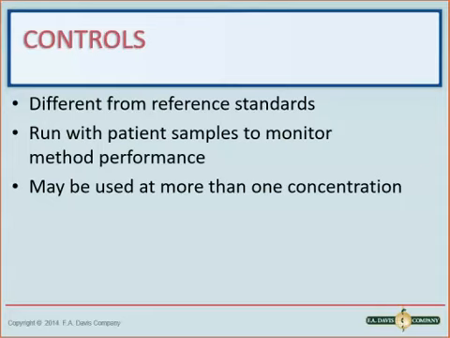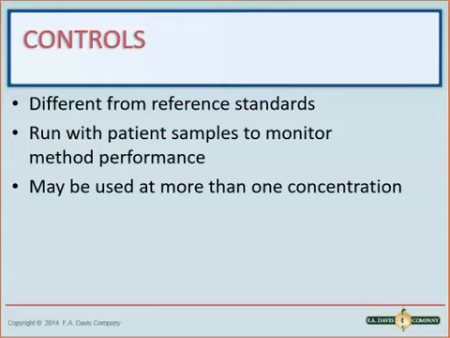Next up, we have controls. Controls are a lot of times either positive or negative, or sometimes you have different levels of controls. Maybe you have a low, medium, high, but there's different reference standards for controls, but they're usually solutions of a known value or a known range. We run controls with patient samples to monitor our method performance.